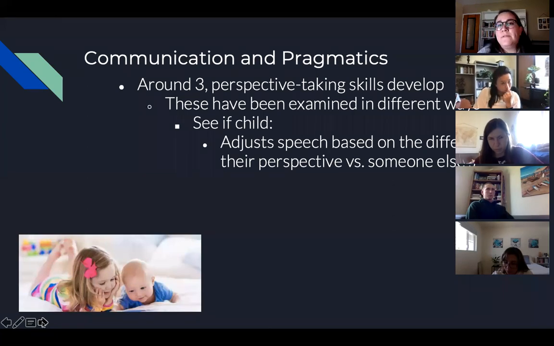So, for example, if the child knows that a board game cannot be seen by the partner that they're playing with, or, this is another interesting one, if they're told that the person they're playing with is blind, then the way the child engages in conversation with that person is generally altered.